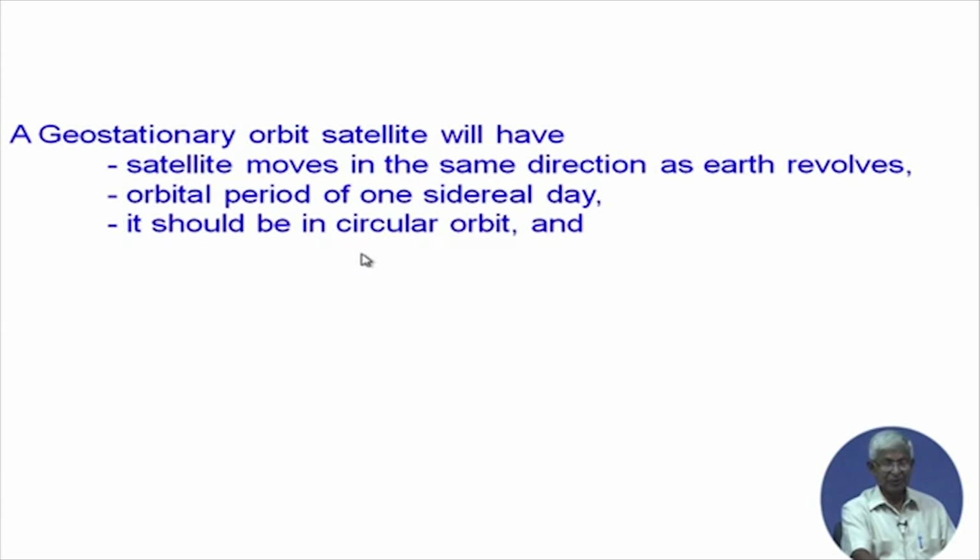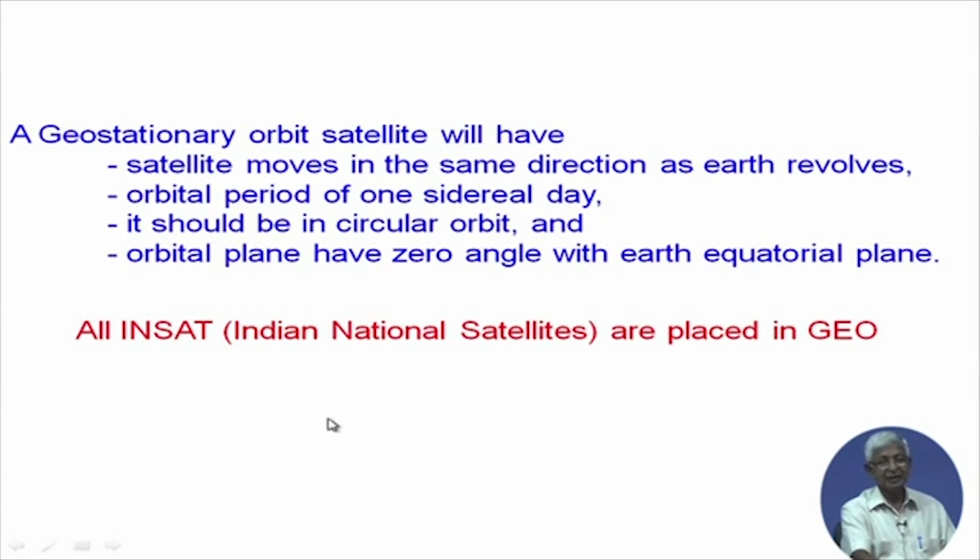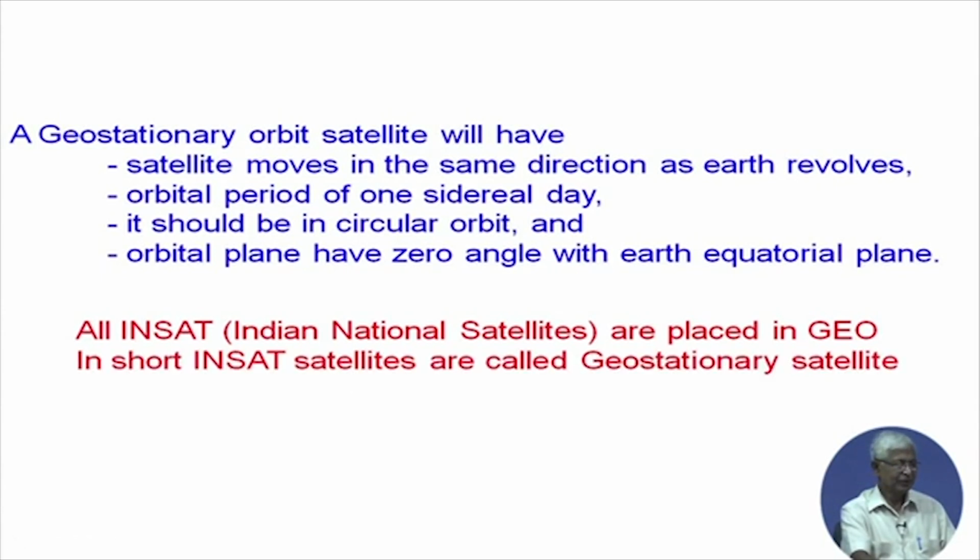It should be in a circular orbit, and the orbital plane has a zero inclination angle with the earth equatorial plane. Our Indian national satellites, INSATs, are all placed in geostationary orbit, or GEO.